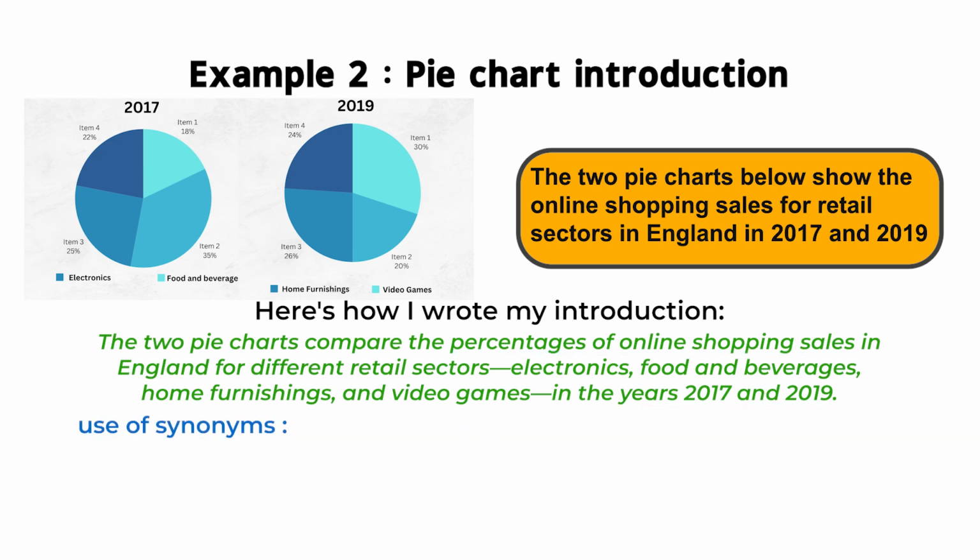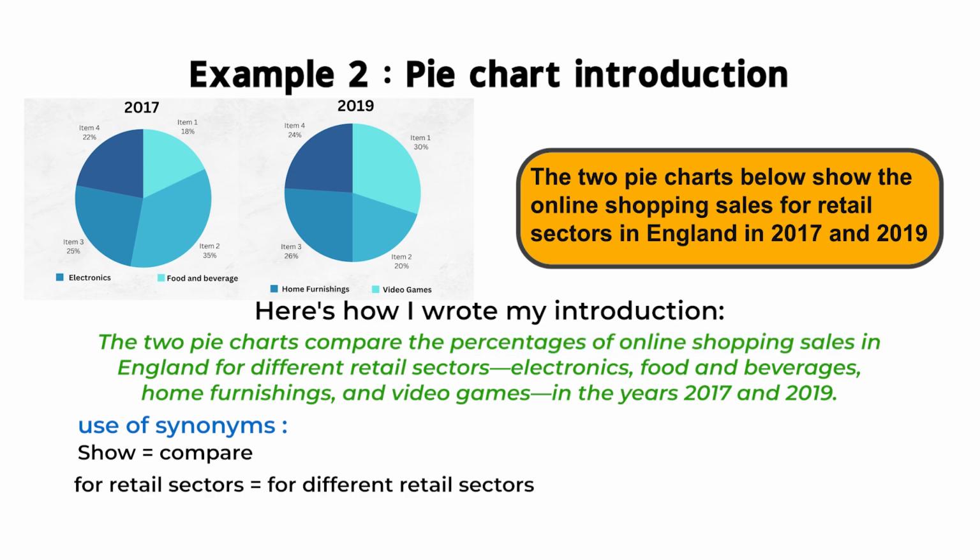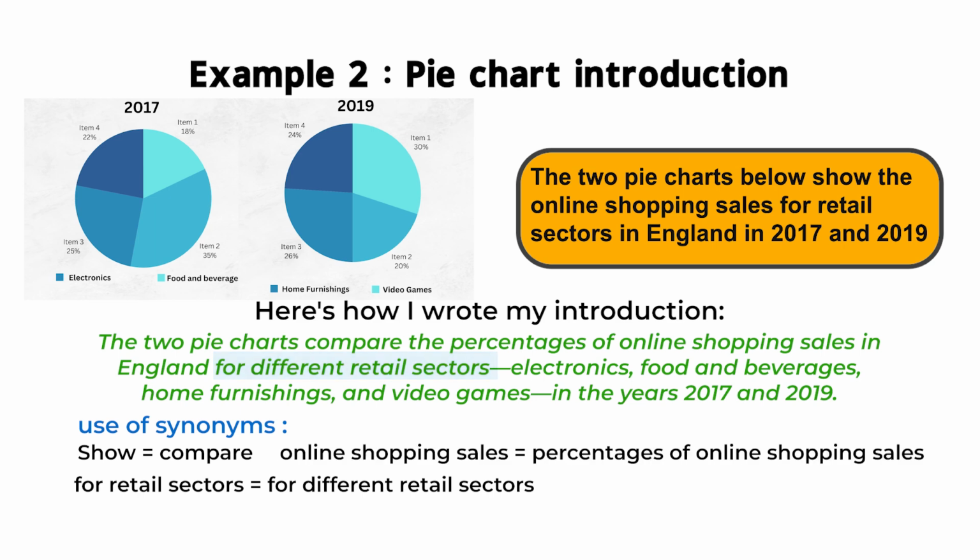In the original question card, we had the word show, which I replaced with compare. Then I paraphrased online shopping sales to percentages of online shopping sales. Also, instead of writing for retail sectors, I wrote for different retail sectors. Finally, I changed the expression in 2017 and 2019 to in the years 2017 and 2019.